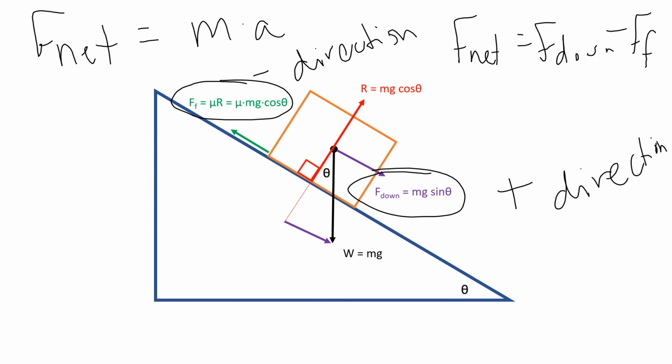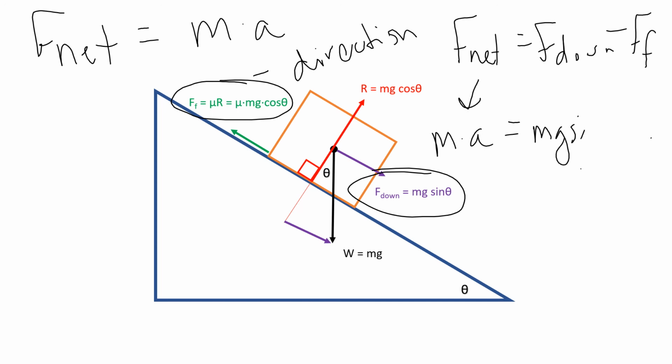And then it just becomes a simple matter of replacing F net with mass times acceleration, m times a, equals force down, mg sine theta, minus force of friction, minus mu mg cosine theta. And if you do this correctly, you'll see, hey, mass doesn't even matter.